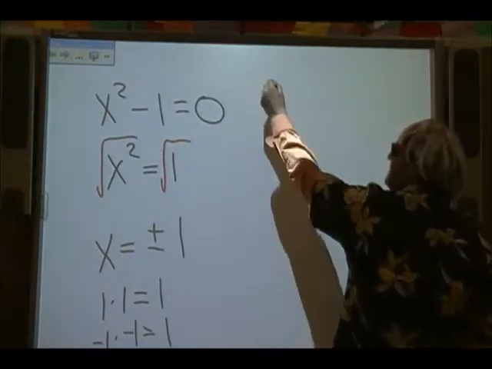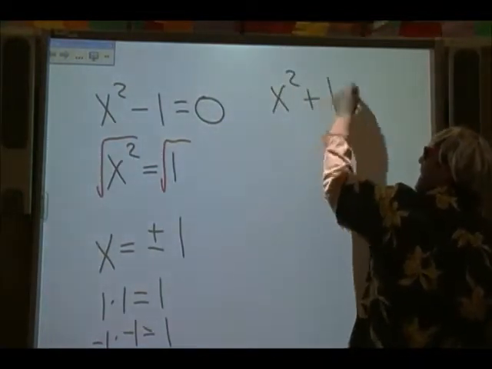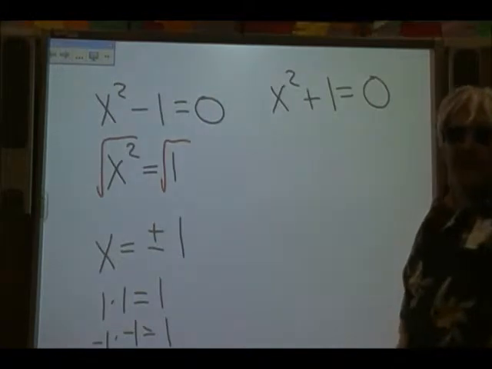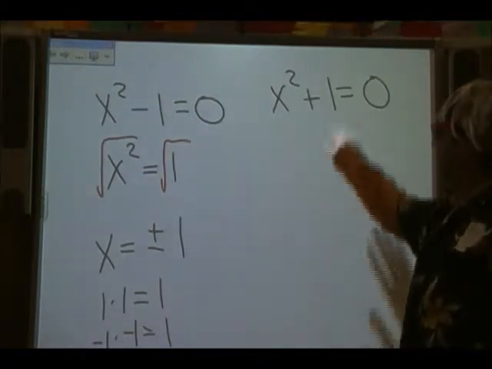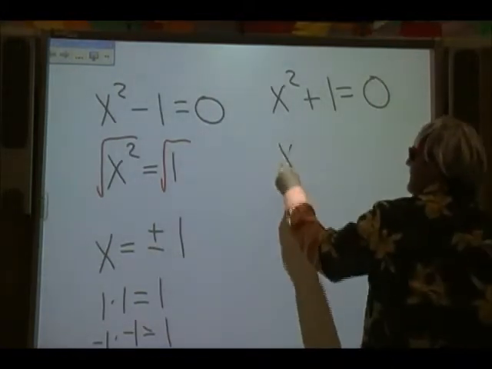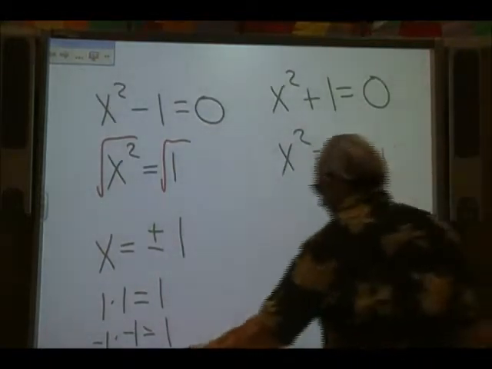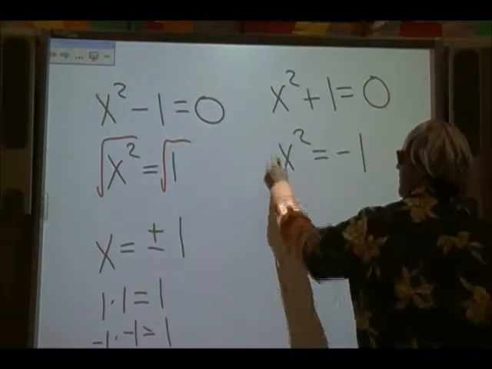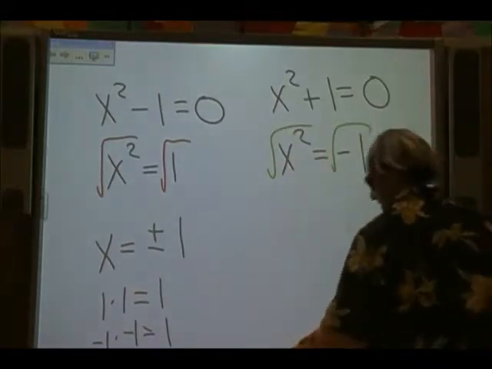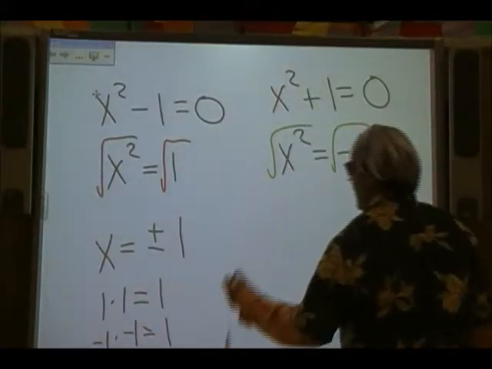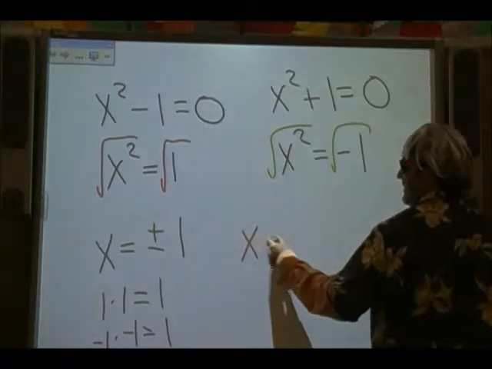But what happens if I solve this quadratic? Well, now I take away 1. I have x squared equals negative 1. I take the square root of both sides, and I can't figure it out.